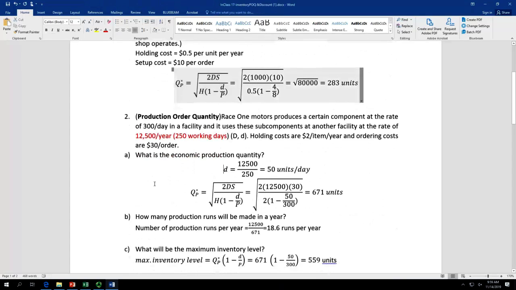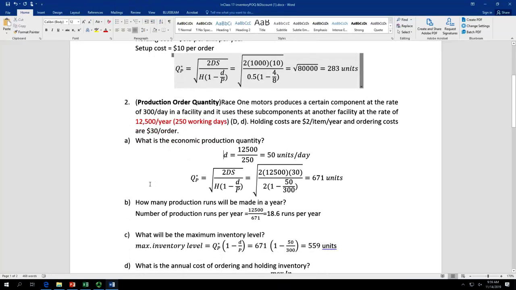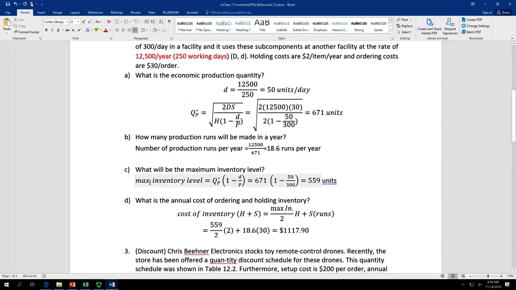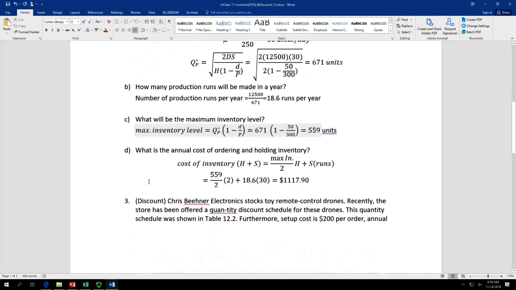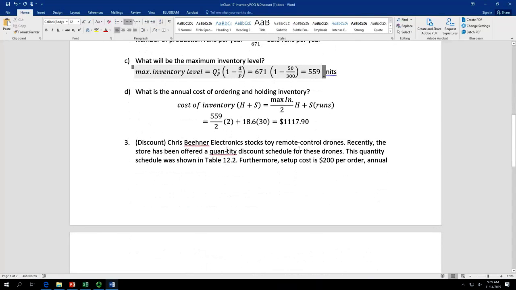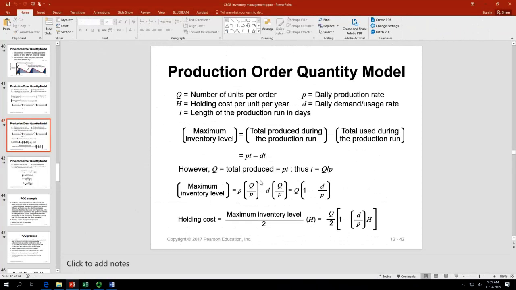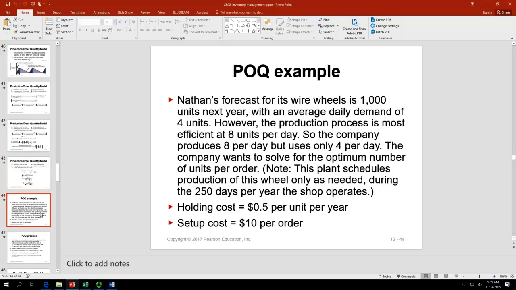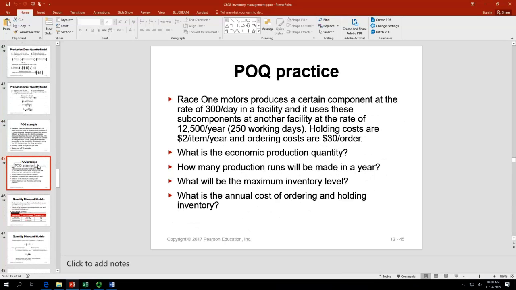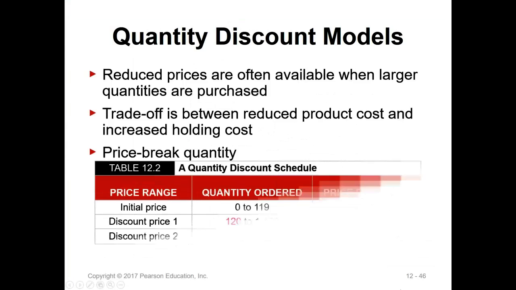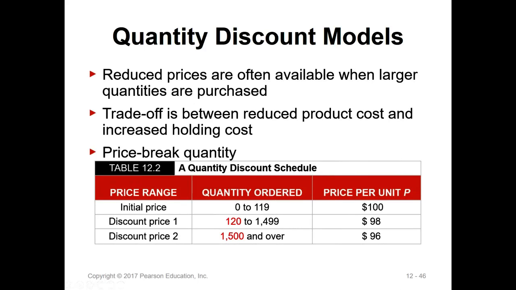The second problem gives you more understanding of the individual components included in this formula, and helps you retain the information and understand the model. Okay, that's the two POQ practices.